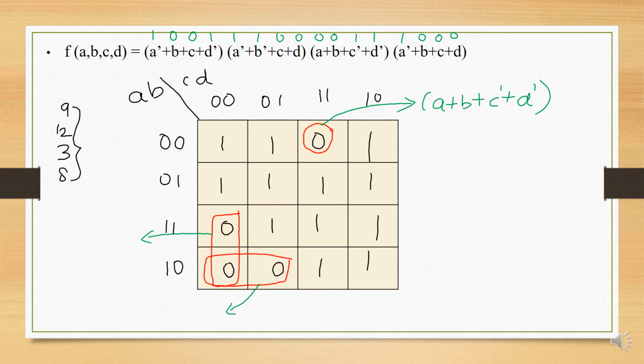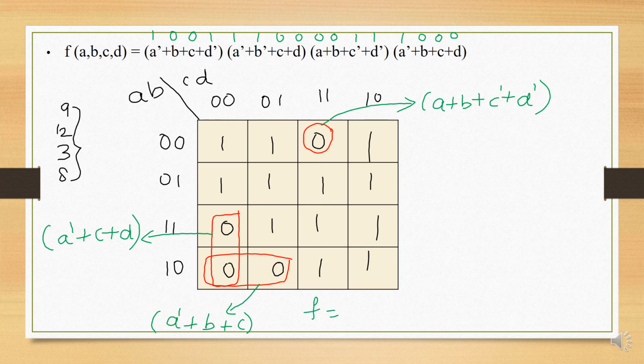Next, for the pair, we shall consider the rows and columns of the pair here, and we shall write the sum term. We can write this as A bar plus C plus D. And for the next pair, we have a sum term A bar plus B plus C. So these are the sum terms for the groupings we have done.